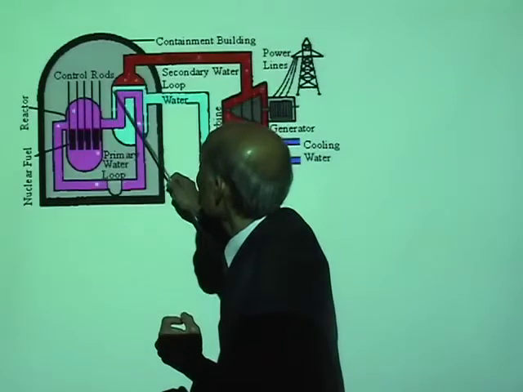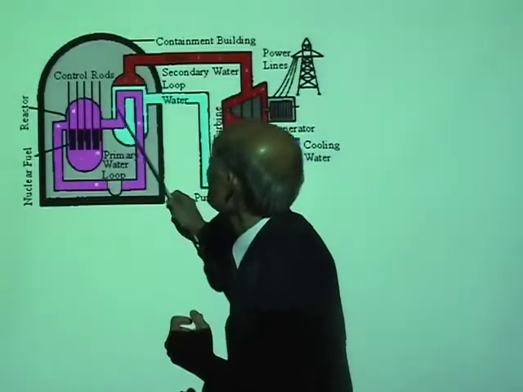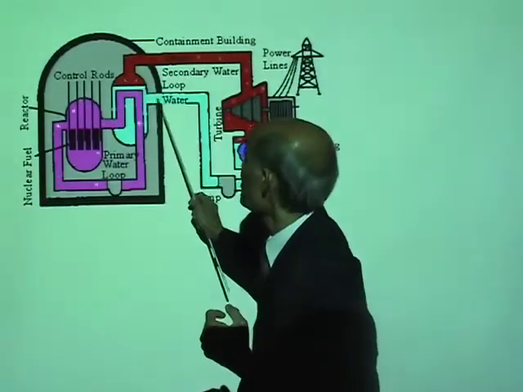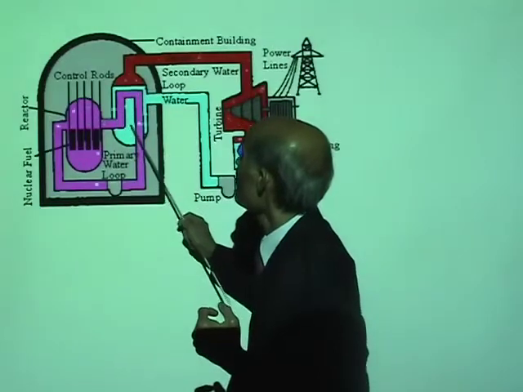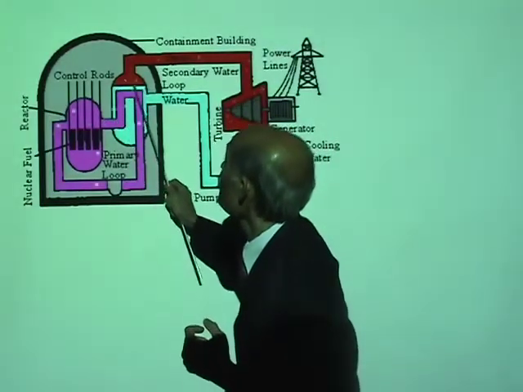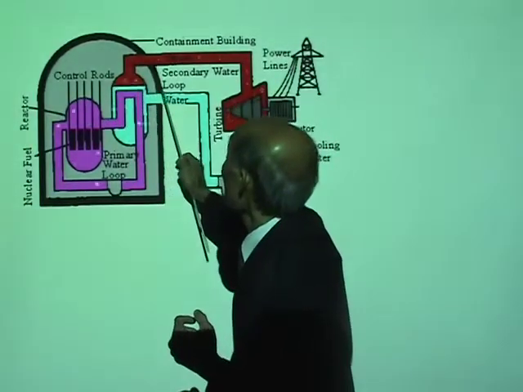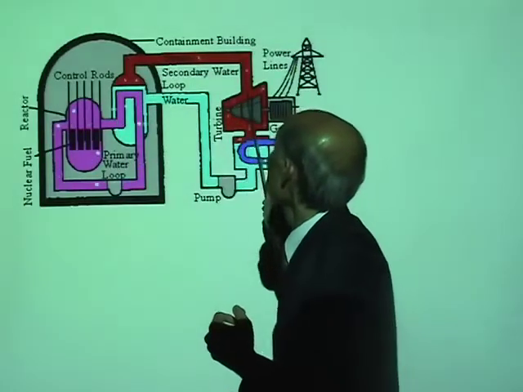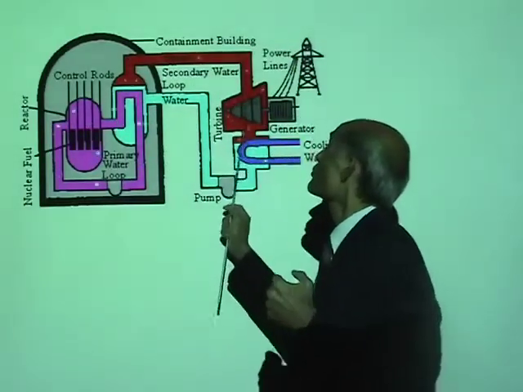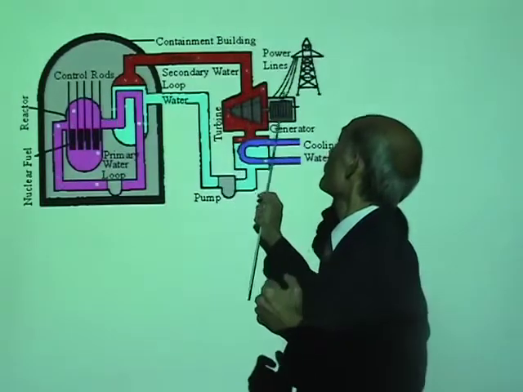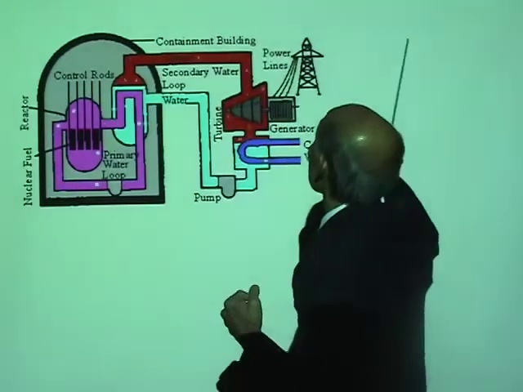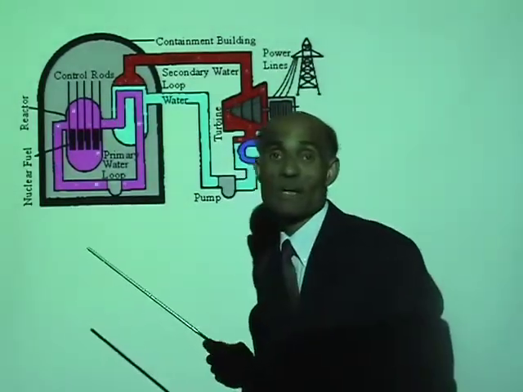And that water will boil the water in an outer chamber. Look at this water, the blue. That water boils, producing the steam. And this steam will turn the turbines, because the turbines turning will produce electricity, which is then distributed.